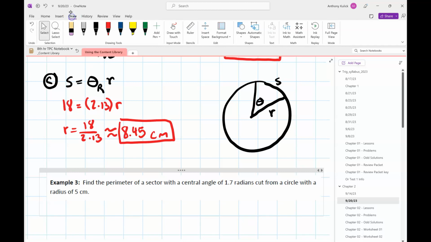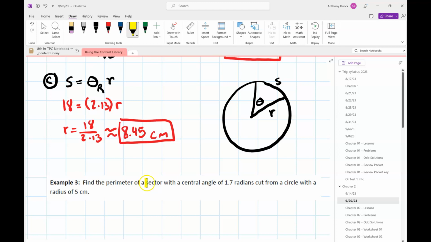It says, find the perimeter of a sector with a central angle of 1.7 radians, cut from a circle with a radius of 5 centimeters. What word in here is the one that's the problem? What's the word in here that we're like, what the heck does that word mean?